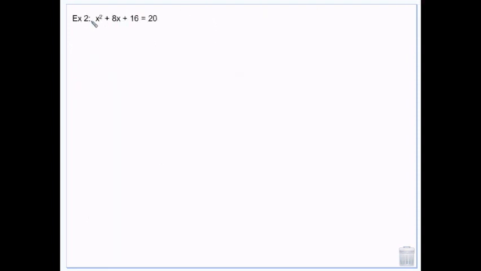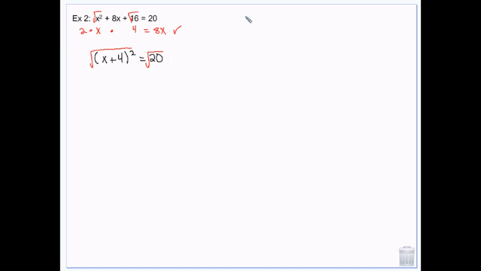I'm going to check, is this a perfect square trinomial? 2 times 4 times x is 8x, so yes it is. So this is going to factor to x plus 4 squared is equal to 20. I'm going to take the square root of both sides.